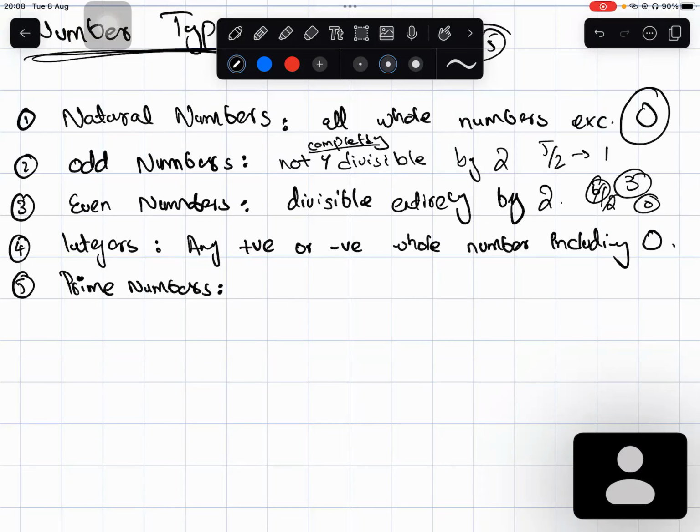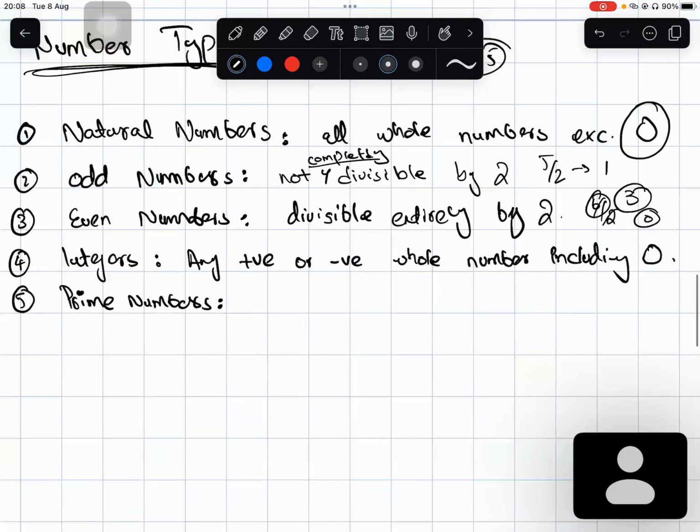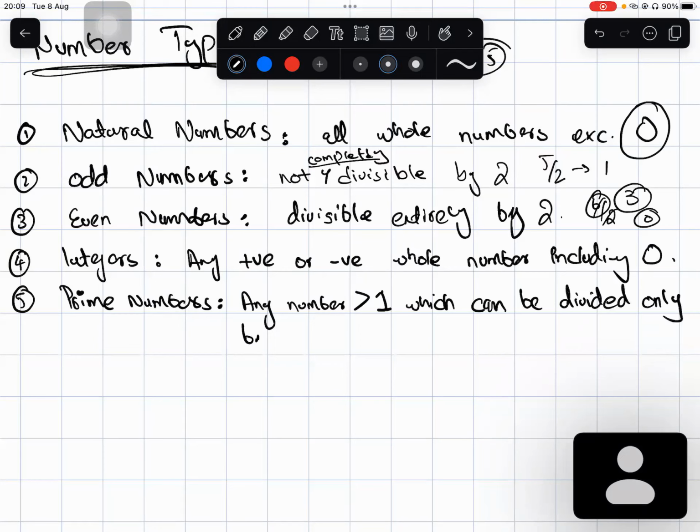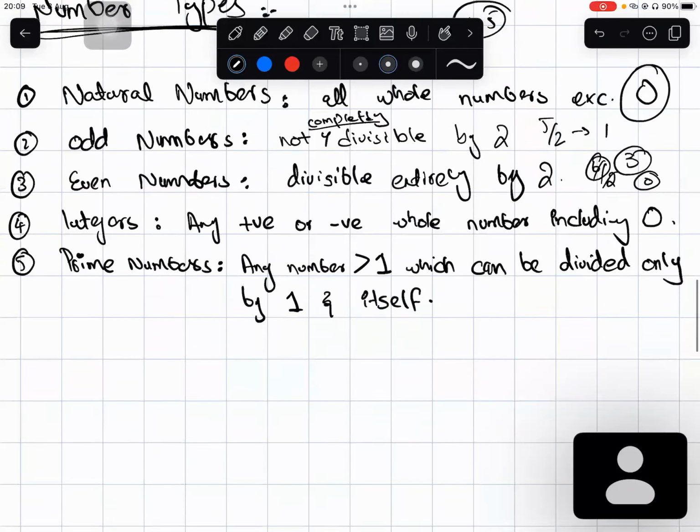So basically, a prime number is any number greater than 1 which can be divided only by 1 and itself. So let's get to a few examples.